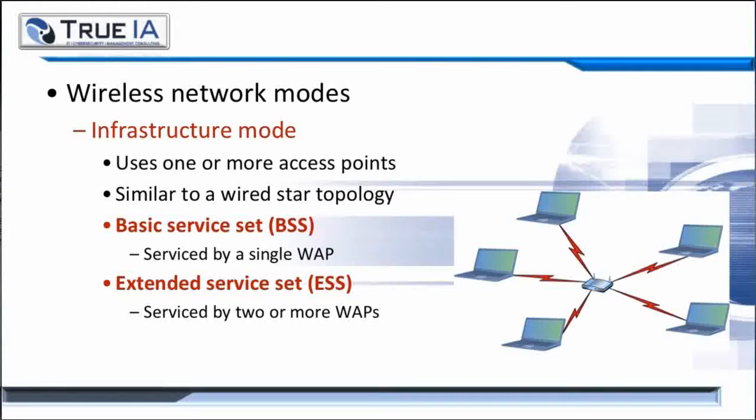Within infrastructure mode, you have two additional choices: either the basic service set or the extended service set. With the basic service set, you're going to service multiple computers with a single WAP. With an extended service set, you'll be servicing those endpoints with multiple wireless access points.